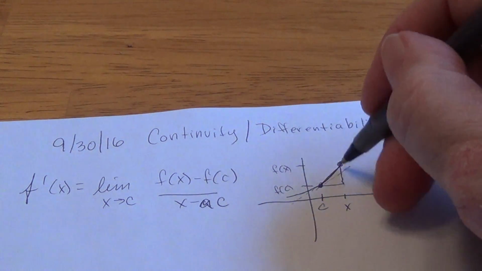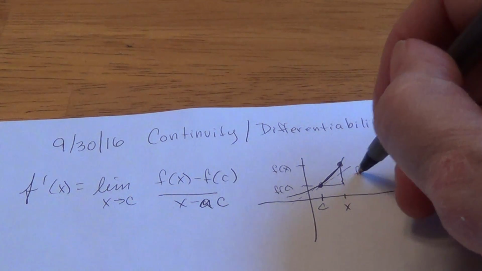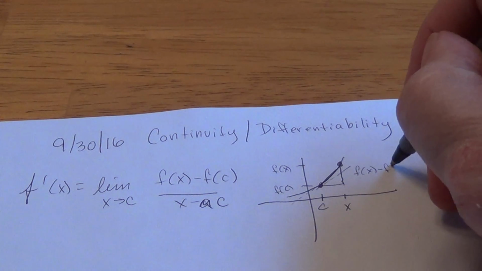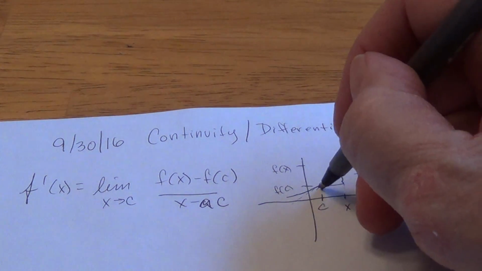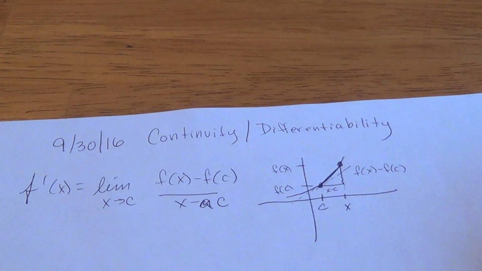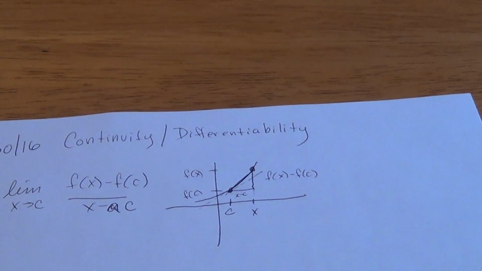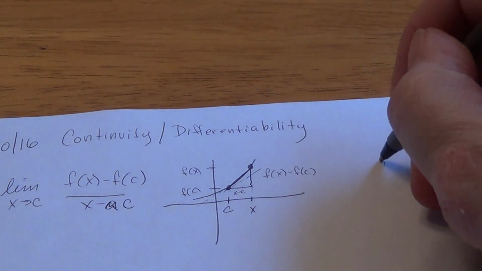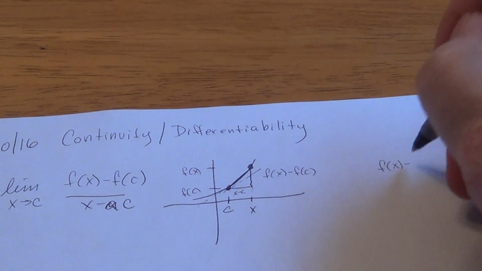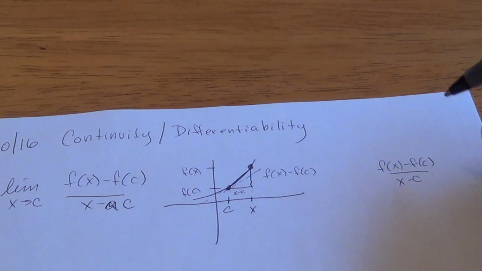So the slope of the secant is f of x minus f of c, which is this distance, over x minus c, which is that distance. When we put one over the other, we have the slope, f of x minus f of c over x minus c.